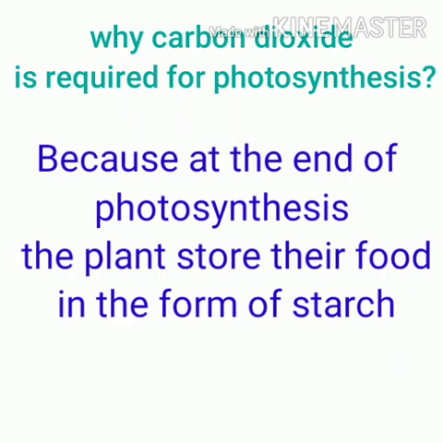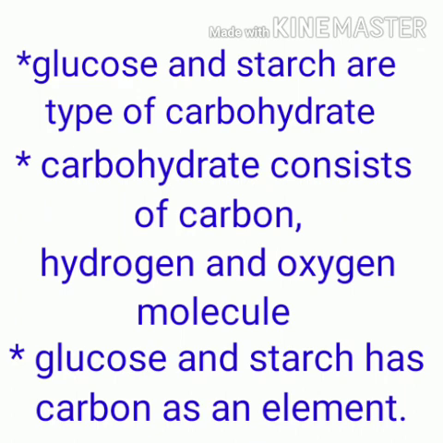Glucose is the food form, not the stored form, and the stored food is starch. Both have carbon as an element. Carbon is the most important element. That's why they need carbon dioxide in photosynthesis.